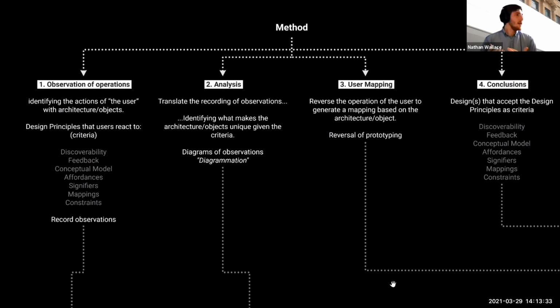So from your recordings of observations, you can then analyze, and this is translating those observations. It's identifying what makes them unique through the criteria, and this is diagramming. We've coined the phrase in my committee, diagrammation. In this process, you'll see that in a moment.